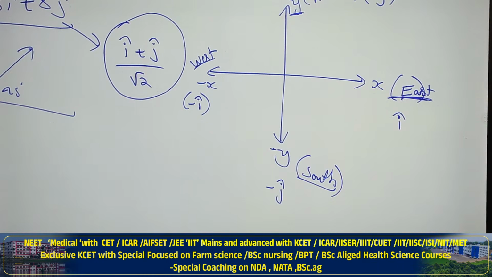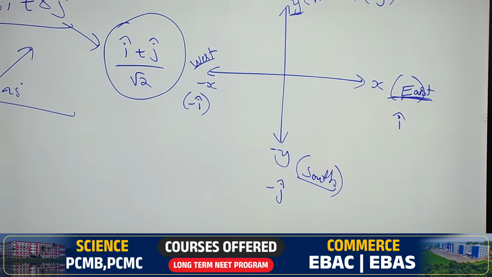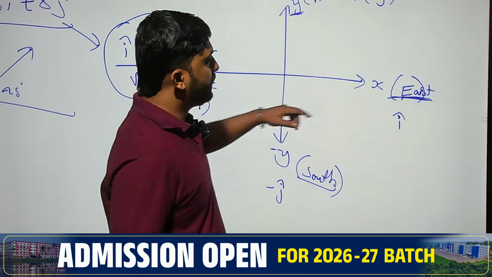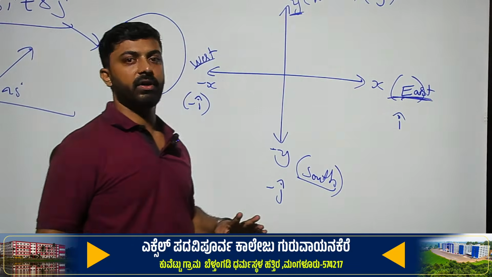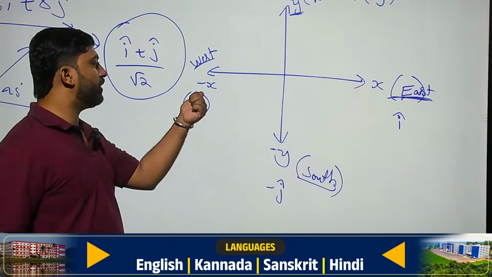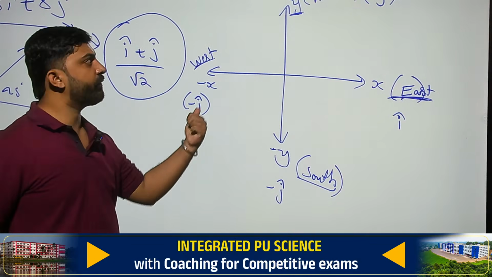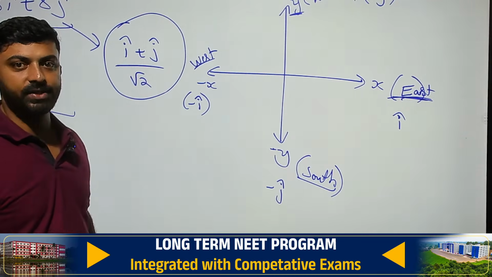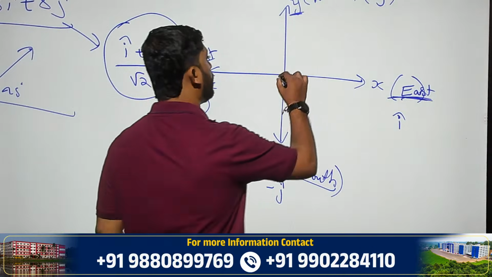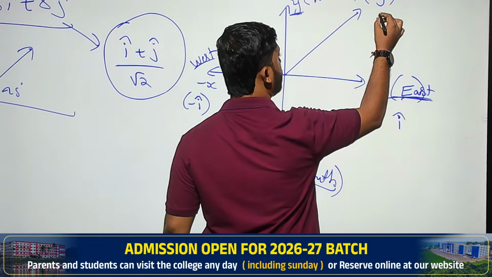In a problem, if they have mentioned east, west, north and south, then instead of writing east direction, you can use i cap. Instead of writing west direction, you have to use minus i. Instead of using north, you can use j, and instead of south, we can use minus j. Now, what is the direction of northeast?